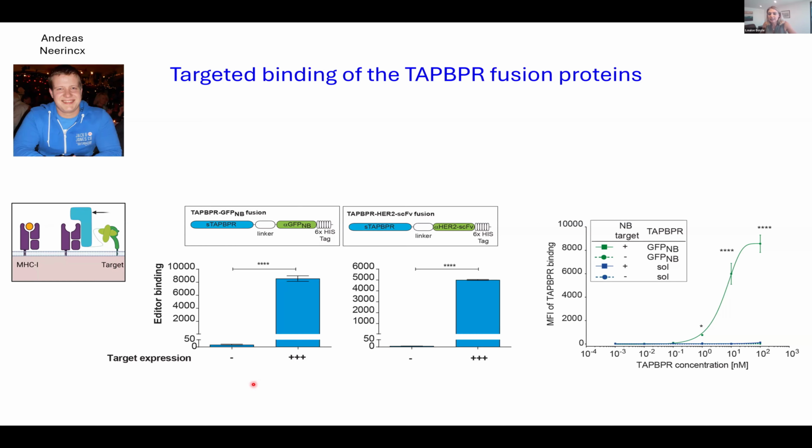We found that using this system of tagging with an antibody, we could deliver TAPBPR fusion proteins to the plasma membrane of cells expressing the correct protein for the antibody fragment. So here, for example, you can see TAPBPR delivery using a HER2 single-chain variable fragment to cells expressing HER2.